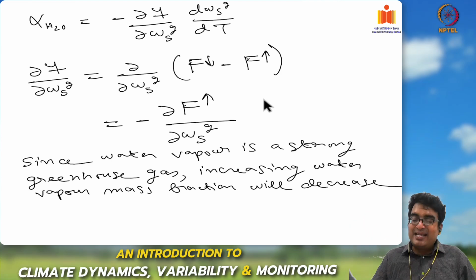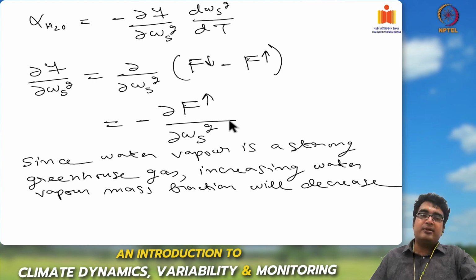We will derive this explicitly when we look at CO2. So how to solve this expression, we will see later. Here we are more interested in the sign. If water vapor concentration increases, clearly the outgoing long wave radiation of the tropopause is going to decrease.